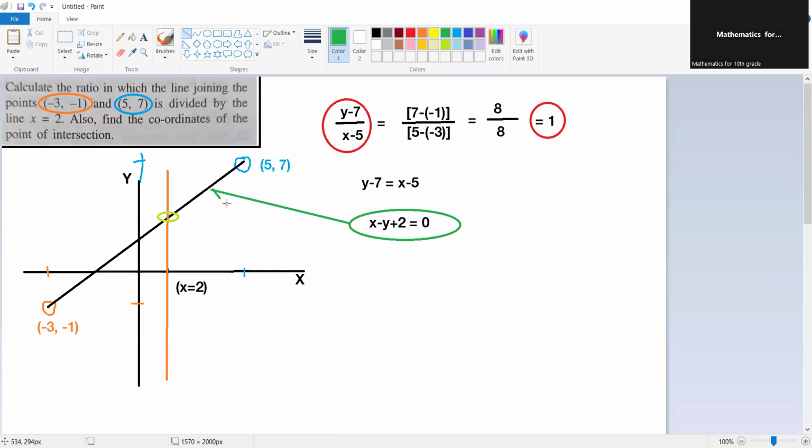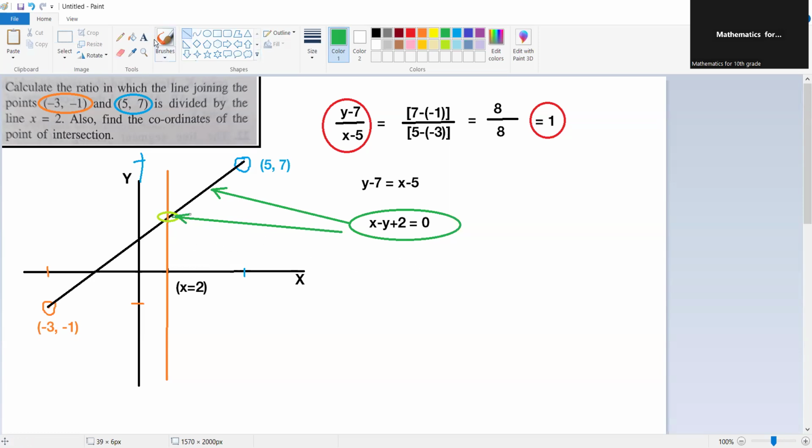Which means all the points on this line would satisfy this equation, including the point here. But we already know the x coordinate of the point here, which is x equal to 2.